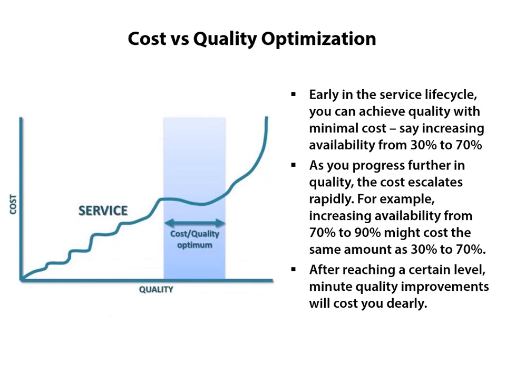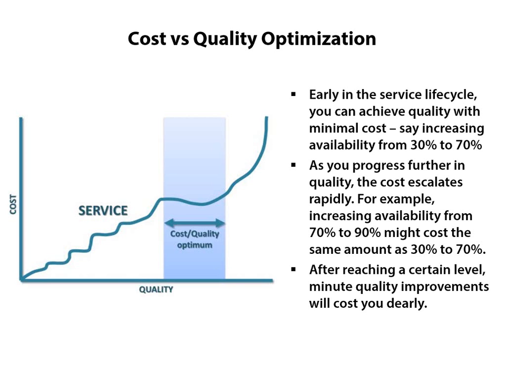Initially, when you start bringing in quality improvements, the cost to implement is reasonable. Say increasing availability from 30% to 70% may work out economically. You will find that as you progress in quality, costs escalate quickly. For example, if you want to improve the availability of the system from 70% to 90%, you may be looking at a cost in excess of what you spent on improving from 30% to 70%.